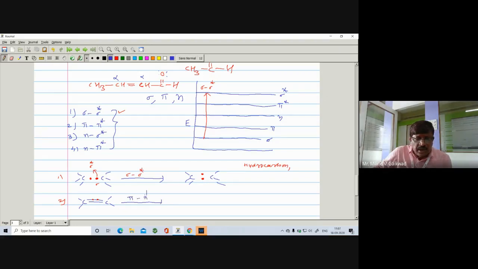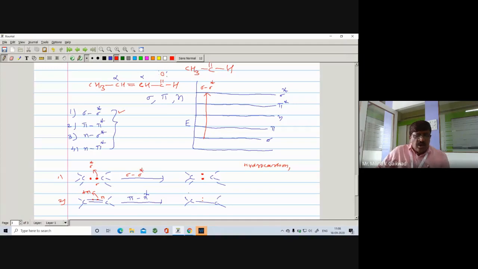How does it undergo pi to pi star transition? One of the electrons from the pi bond is shifted to the pi star. So here is a pi and this is shifted to the pi star.